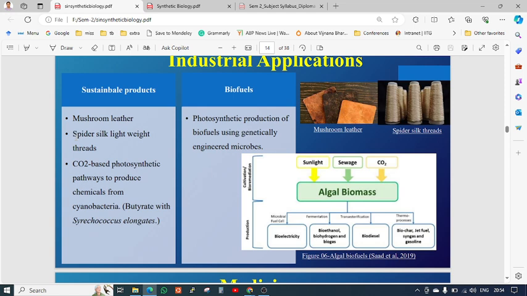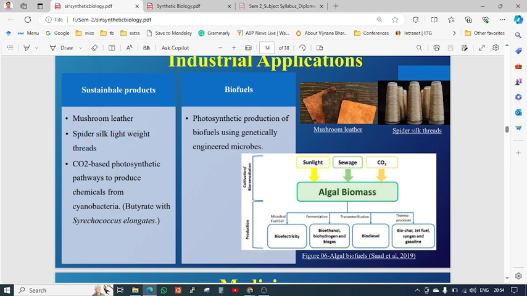Nowadays leather can be synthesized in plants or in a chemical factory synthetically. So these leathers are also produced by this main application of synthetic biology. Spider silk, lightweight threads, these are the different products that can be utilized, a main application of synthetic biology.